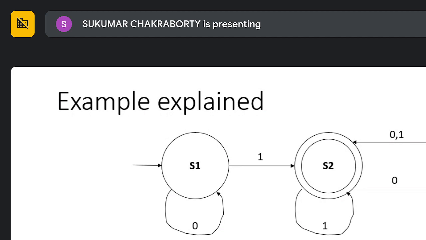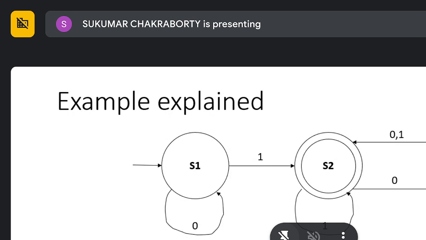So let us see some longer inputs. 0, 0, 1, 1, 0, 1, 0. When I give this, we generally do this kind of computation. At every state, I accept the input and I do a state transition. So at S1, 0, it goes to S1. Again at S1, 0, S1.